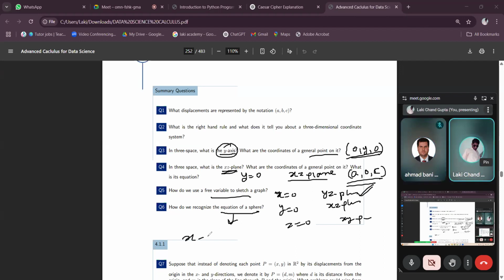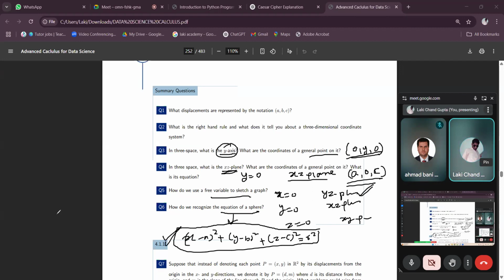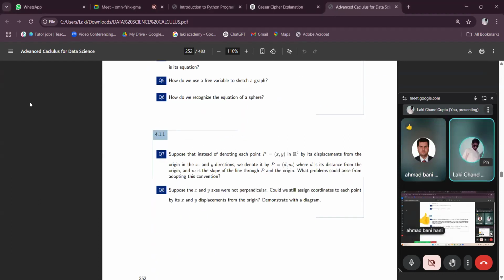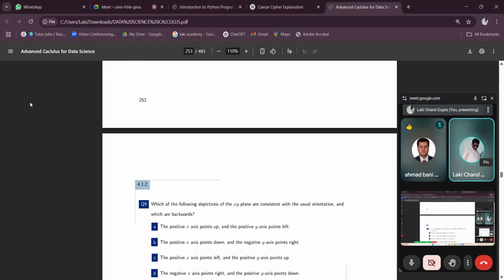The sphere equation is x minus a whole square, y minus b whole square, z minus c whole square is equal to r square. Okay. Where a, b, c are the center and r is the radius.